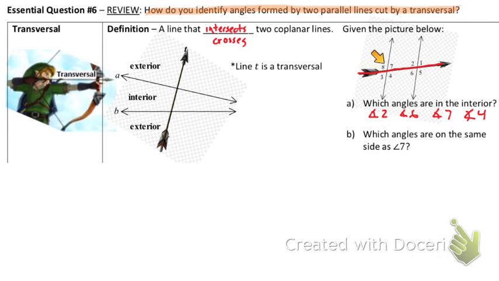So the answer to that would be 8, 2, and 1, because all 3 of them are above the transversal, and angle 7 is also above the transversal. So 8, 7, 2, and 1 are all on the same side. So angle 8, angle 2, and angle 1.